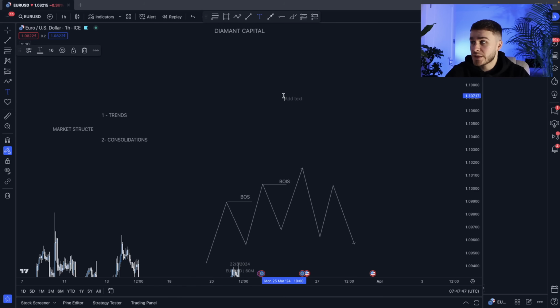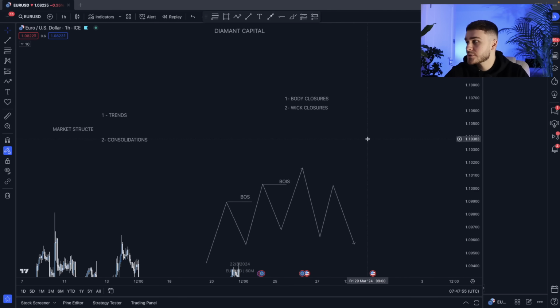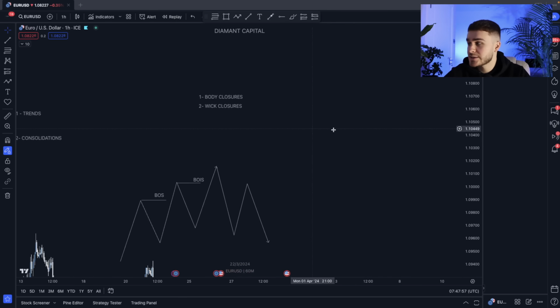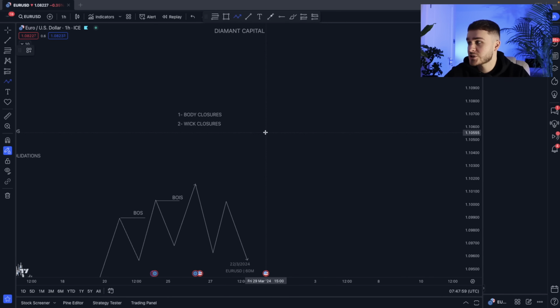The first way is going to be body closures. The second way is going to be wick closures. What do I mean by this? Simply looking at it like this: let's just say, for example, we have a low over here. Now imagine for the next few candles, we started to get something like this.